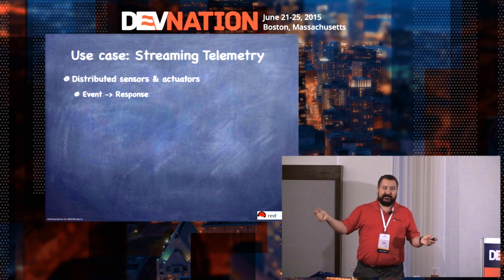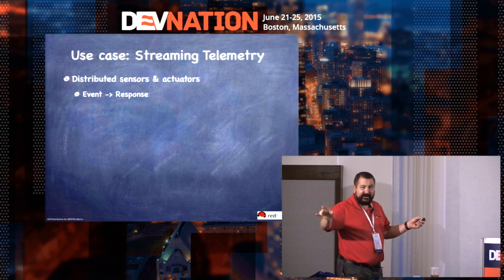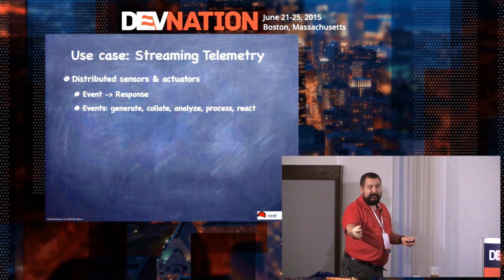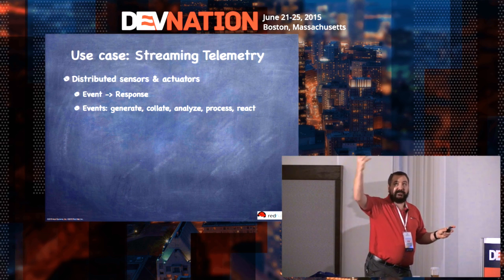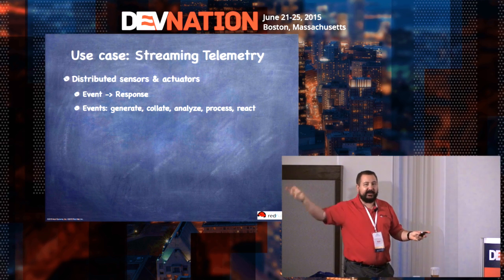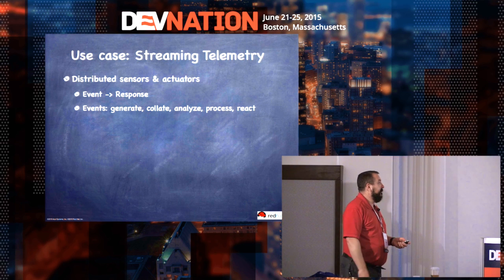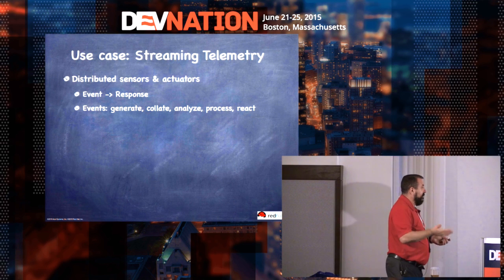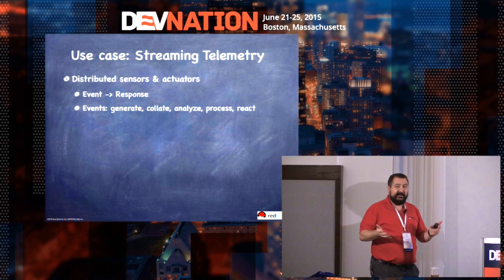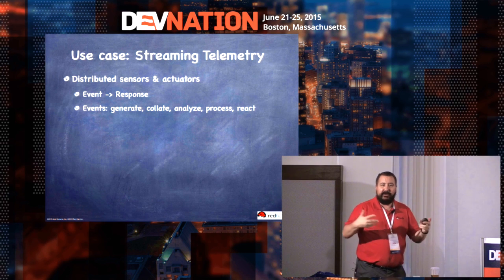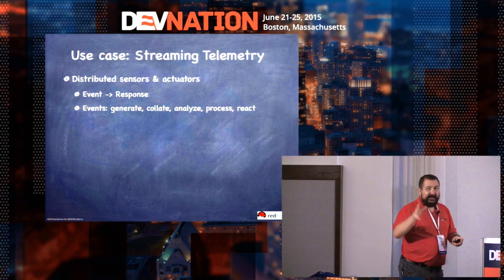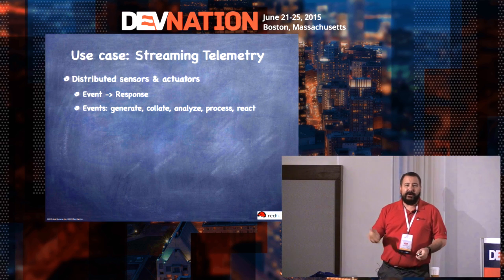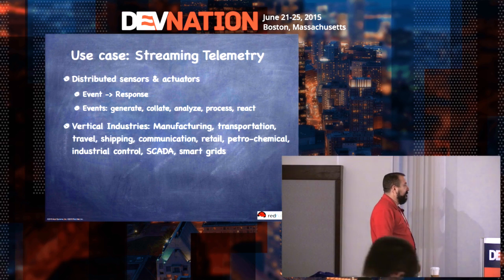So I've got the sensors kicking off events, and then I want to generate some response to not only maybe that one sensor event, but the understanding and knowledge of what's all happening across the whole sensor network. So then I want to be able to generate these events, collate these events in some way that I can compute across them. I can analyze them.